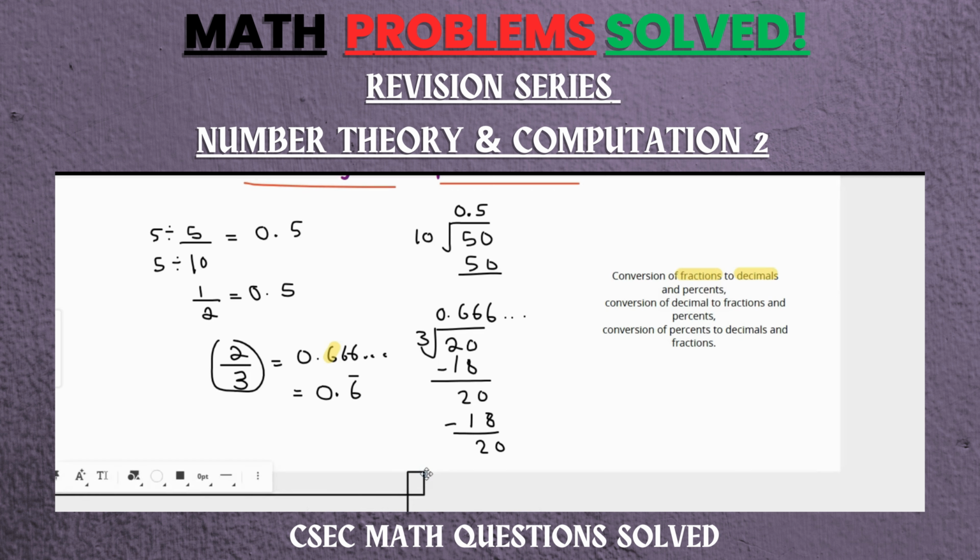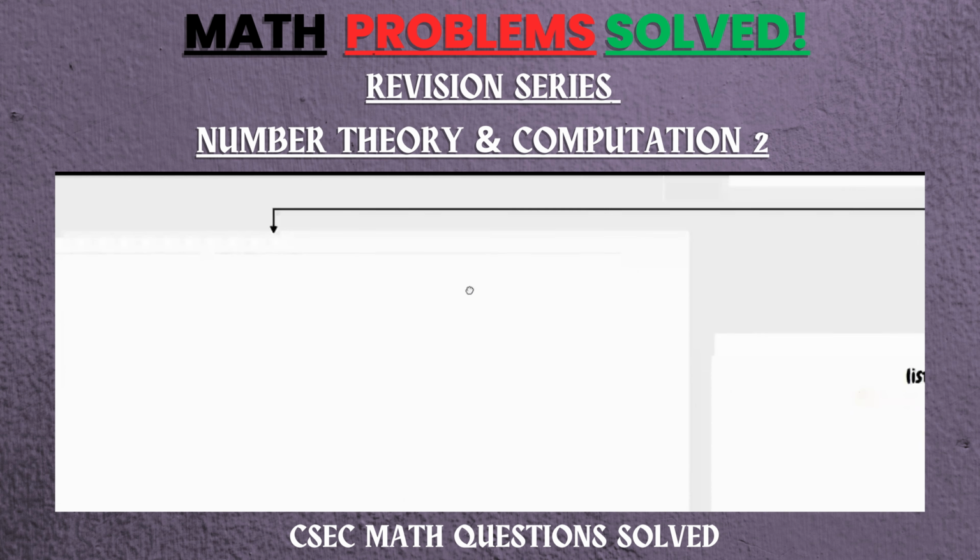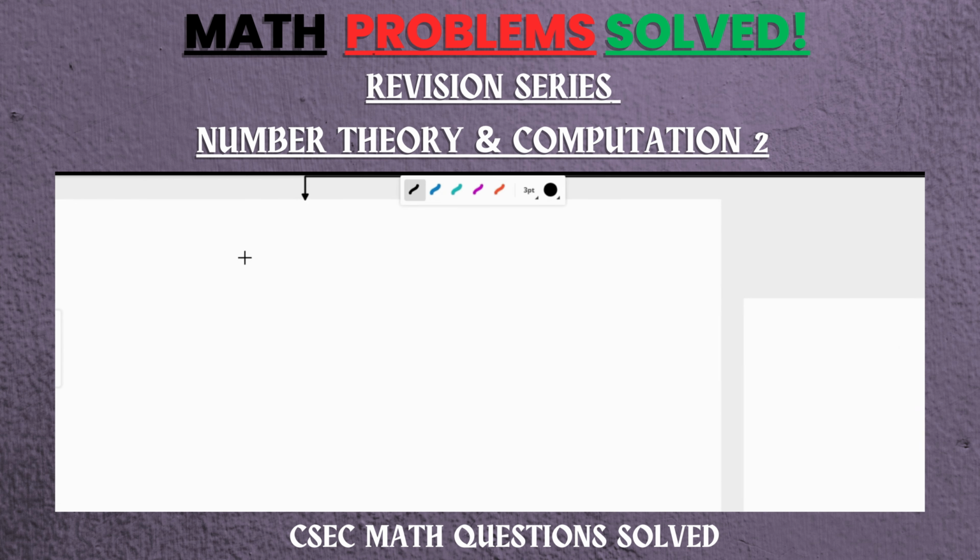Then you will see how to convert fractions into percent, right? We will discuss it here, how to convert fractions into percentage. If you have 1 over 2, it's a fraction, right? And if you have to convert it into percentage, it's very simple. You will times it by 100, right? So it will become 100 divided by 2, and you know 100 divided by 2 is 50.